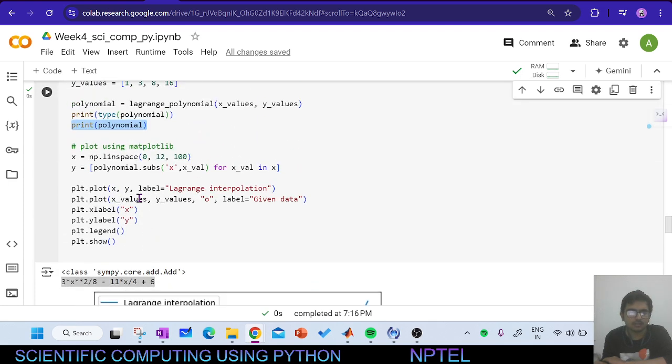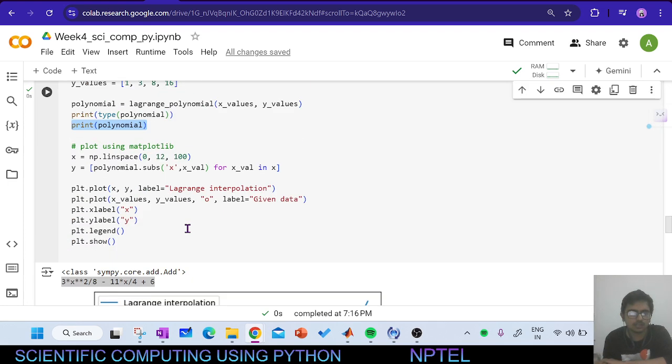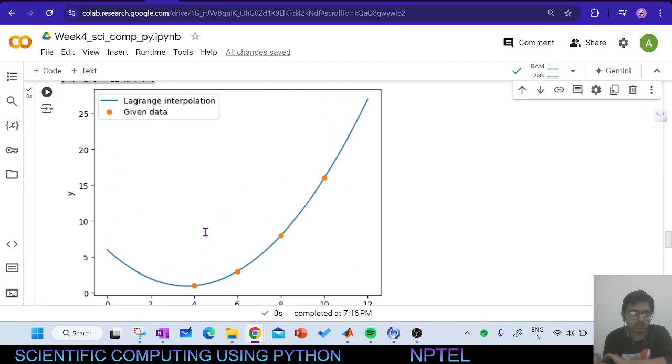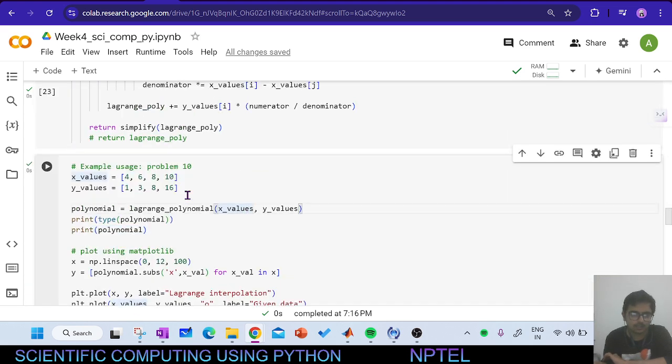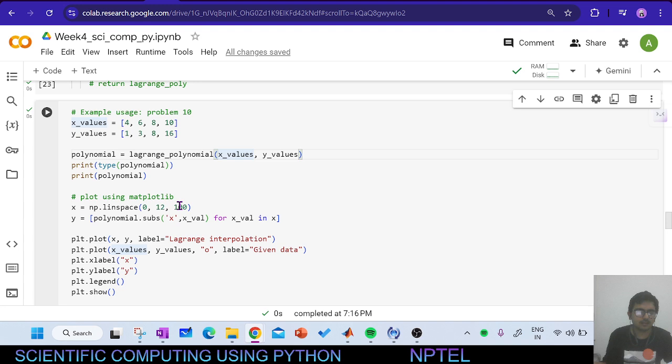So this is good because we can confirm our answers. We can check whether what we have done using pen and paper is correct or not. Okay, and yeah, you can change the data points and see how it affects the polynomial, etc.